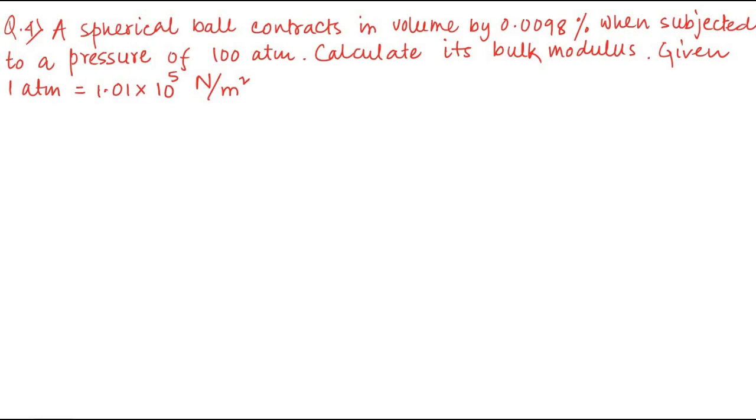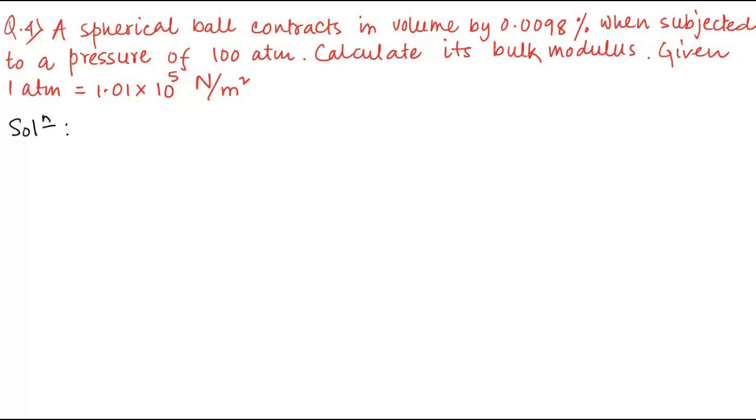Question number 4. A spherical ball contracts in volume by 0.0098 percentage when subjected to a pressure of 100 atm. Calculate its bulk modulus. Given 1 atm is equal to 1.01 into 10 to the power 5 Newton per meter square. Okay, so here it is said that the spherical ball contracts in volume by 0.0098 percentage.